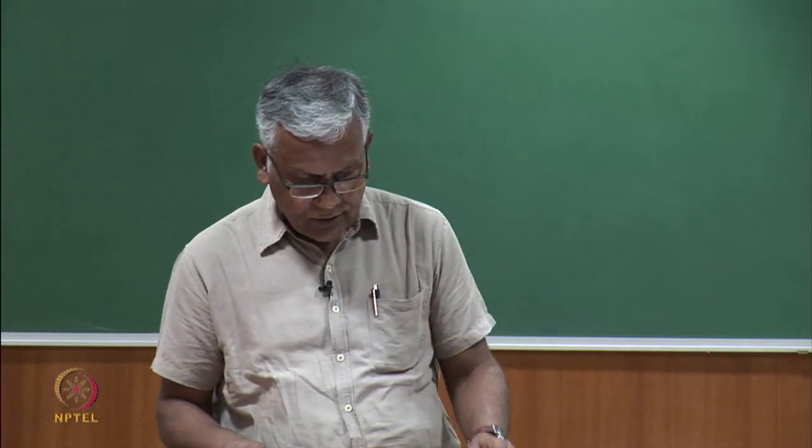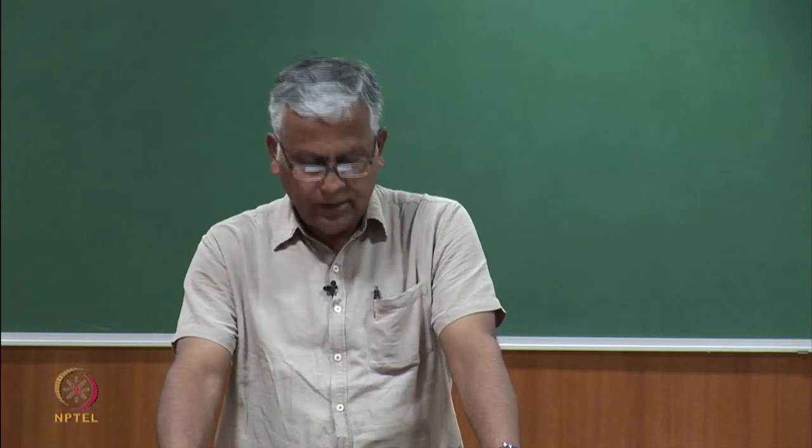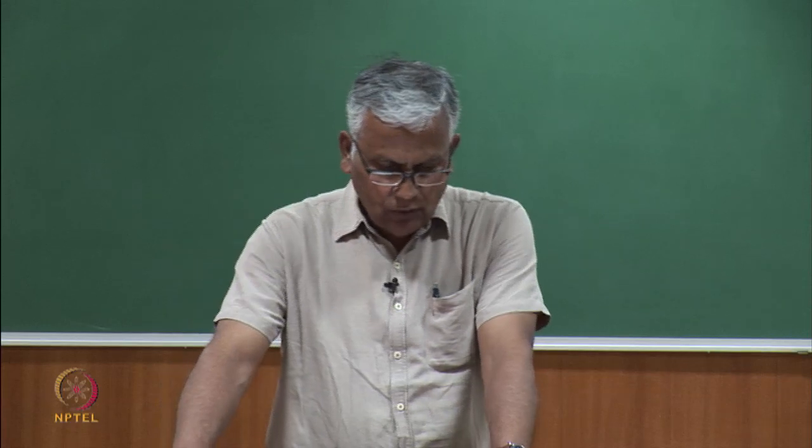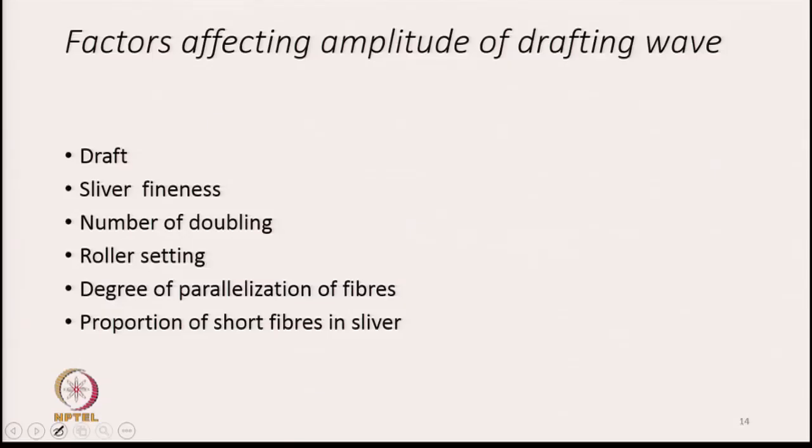We have to always try to reduce the amplitude of the drafting wave, and hence we must know what are the factors which affect the drafting wave. If we know the factors and the way they affect, then we will be able to suggest some methods to suppress the drafting wave. So, the factors are listed here.